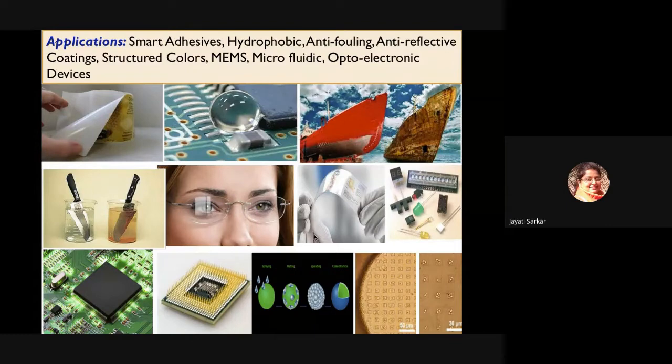This can be used as anti-fouling coatings, anti-reflective coatings, anti-corrosive coatings, right? Any type of coatings that we want, these patterns can be put to use. They can be used in MEMS, in microfluidic devices, where you are trying to develop and culture some cells. There are different types of optoelectronic devices where this can be used. So the application range is huge and enormous, and the list is really endless.